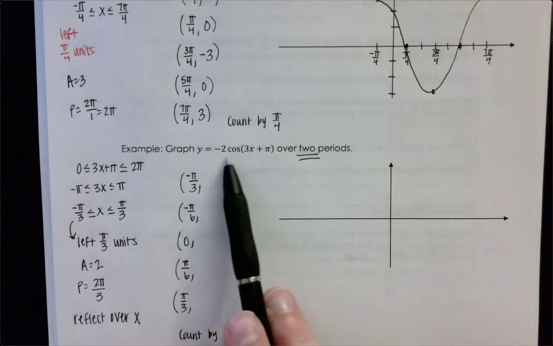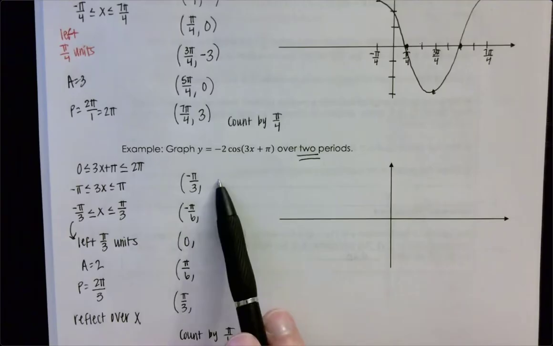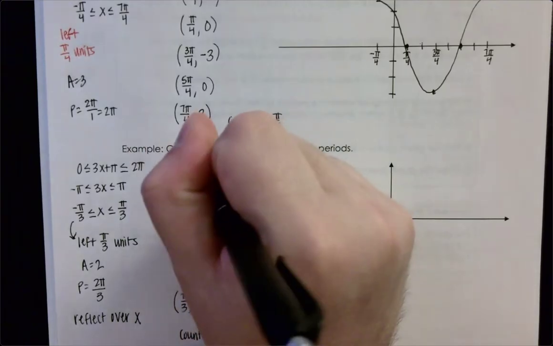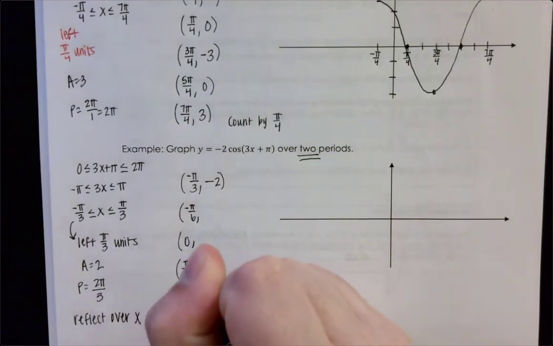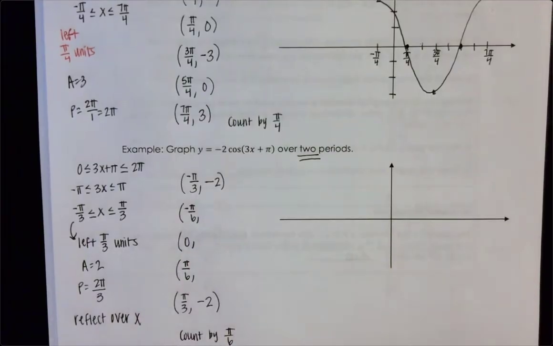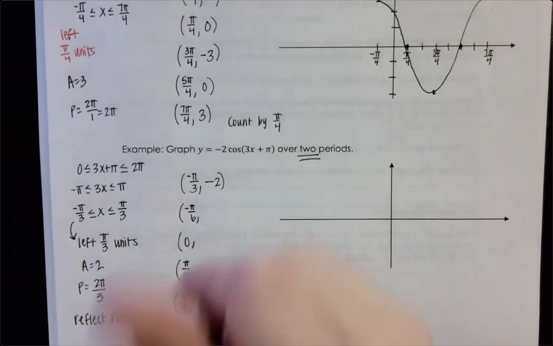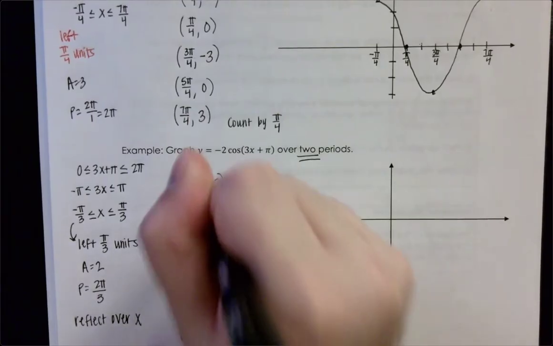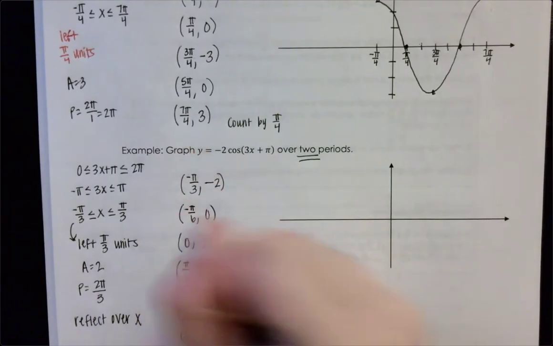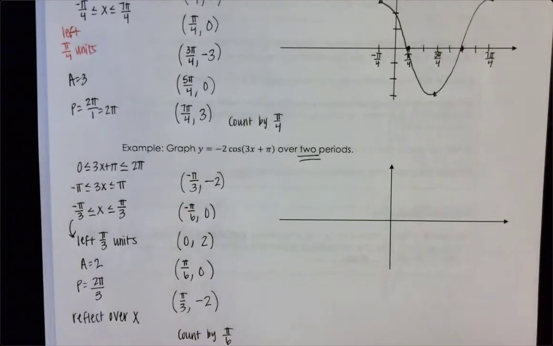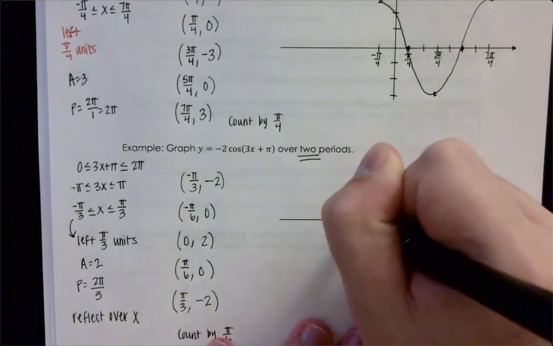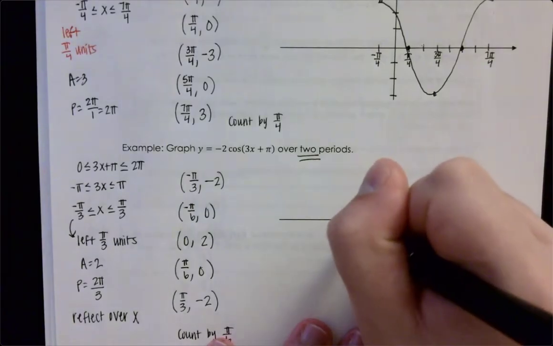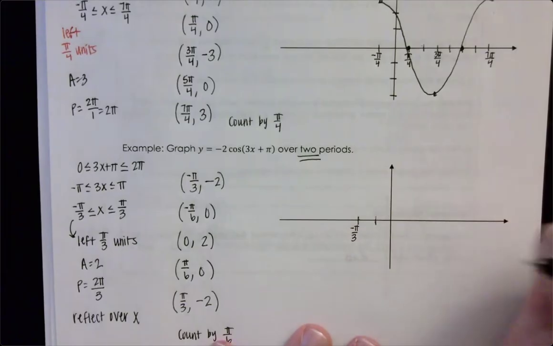Okay, cosine starts at A, which would be 2, but it's been reflected, so negative 2. Ends at A, but it's been reflected, so that's negative 2. This is going to be positive 2, and these are still 0. Negative pi over 6, negative 2 pi over 6, it's negative pi over 3.